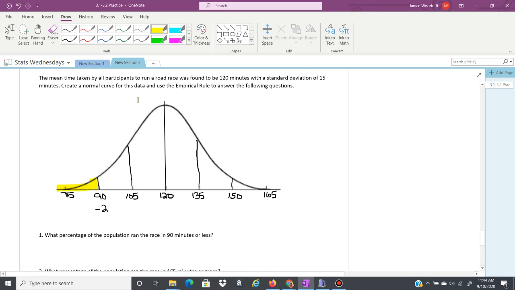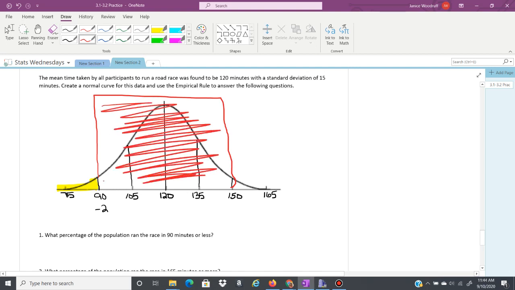Okay, we know this entire curve is 100. All right, but here's what we have. For our data, you know that 95% of the population for 2 standard deviations is from here to here. So that's 95%. Don't do that on your paper because I'm going to erase this in a sec. So that's 95%.